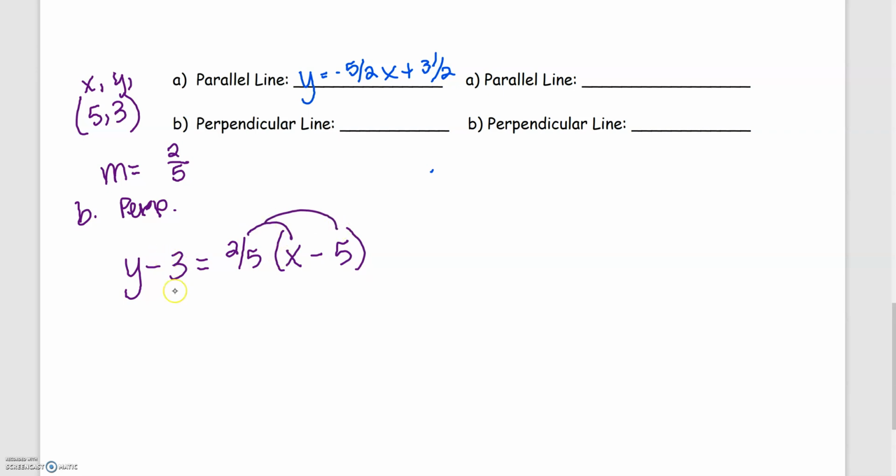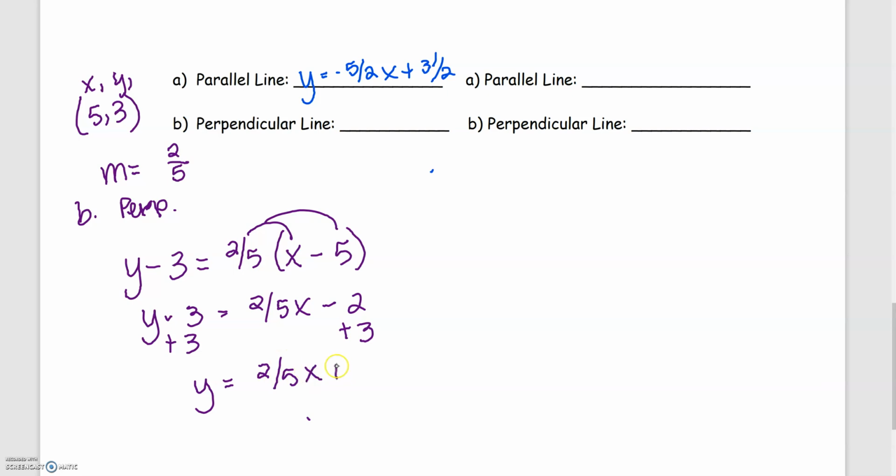Now we're going to distribute: y minus 3 equals 2/5 x, and then 2 times 5 is 10. 10 divided by 5 is 2. And then add 3. A little prettier on this one. All right, so y is equal to 2/5 x plus 1.